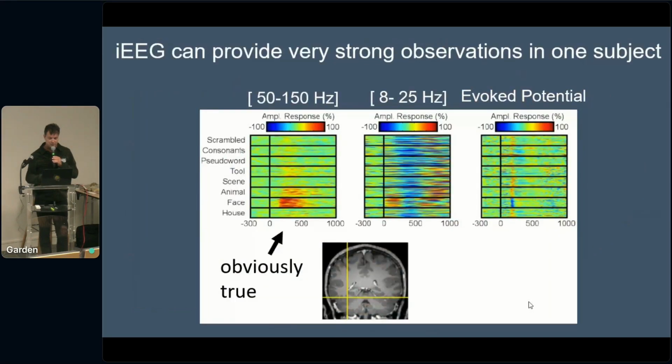So that would be an example where, for instance, on the left, what you see is what's called the gamma band response, so an increase of energy in the broad frequency band between 50 and 150 Hertz, just an example, to show you how the energy increases when you show pictures. So the horizontal lines correspond to different pictures of different categories.